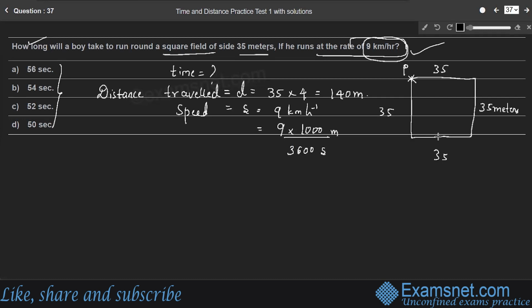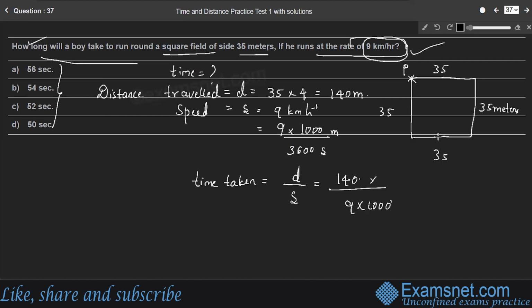Therefore, how long will a boy take to run around that square field? How long means what is the time taken by him? Since speed is distance by time, time will be distance by speed, D by S. So the distance is 140 meters by speed 9 into 1000 divided by 3600.